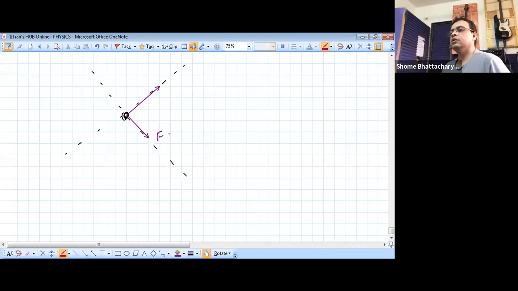So these were f sin theta and f cos theta. And similarly, instead of the weight, we will show the two components of weight. So into the inclined plane, mg cos theta, and parallel to the inclined plane, mg sin theta.